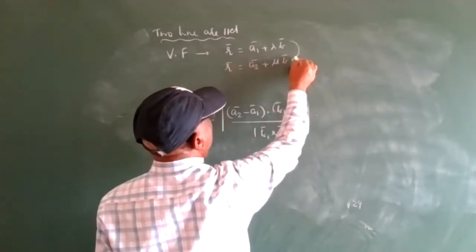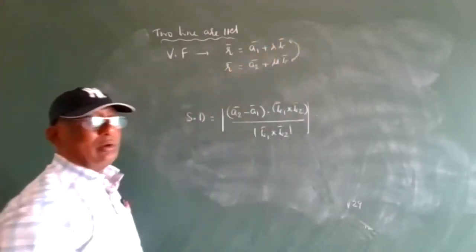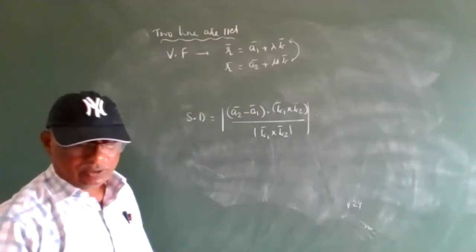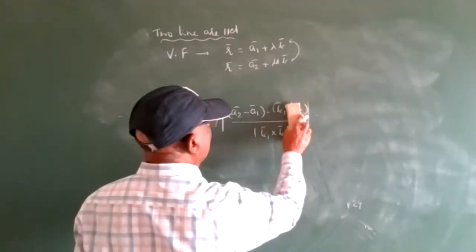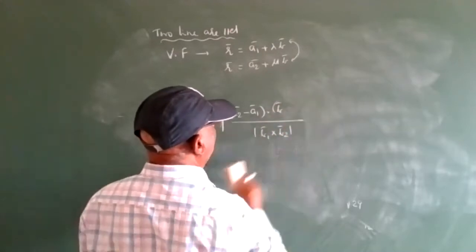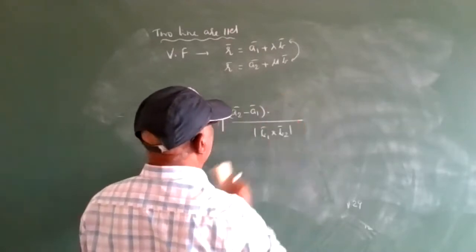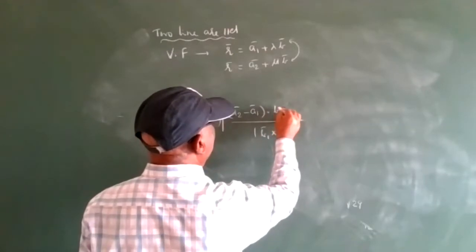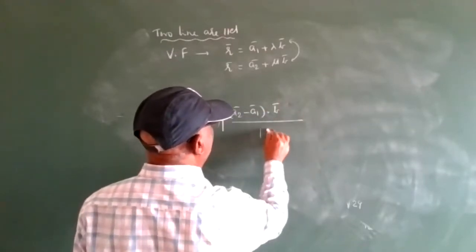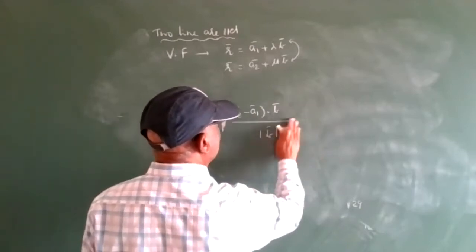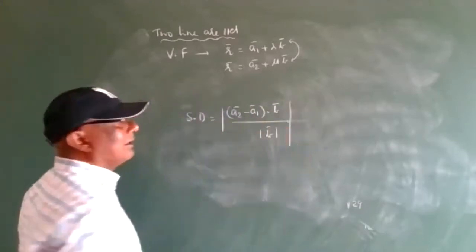These two B constants are equal, then only they are parallel lines. Then the shortest distance here is B bar dot (A2 bar minus A1 bar), and the denominator is the modulus of B bar. This is the formula.